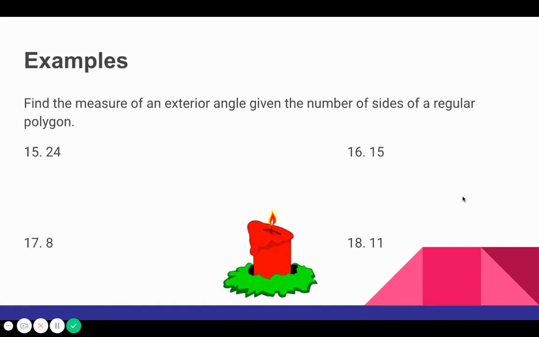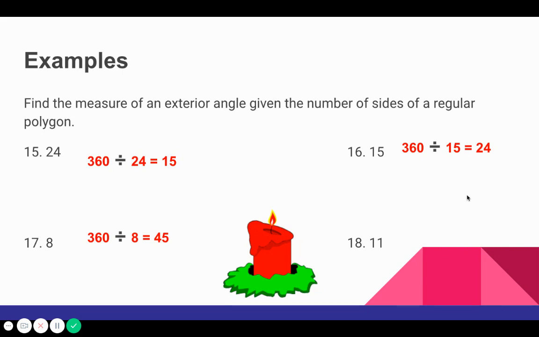All right. So here, find the measure of an exterior angle given the number of sides in a regular polygon. So that's going to be 360 divided by the number of sides. 360 divided by 15 over here. 360 divided by 8.